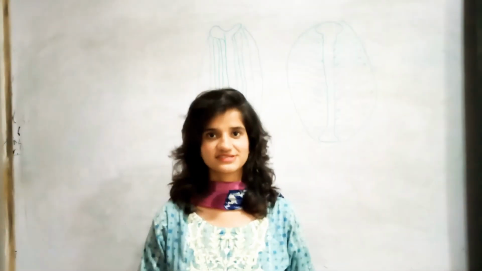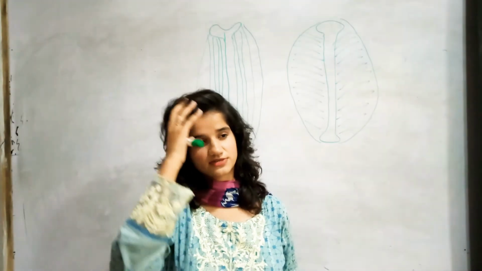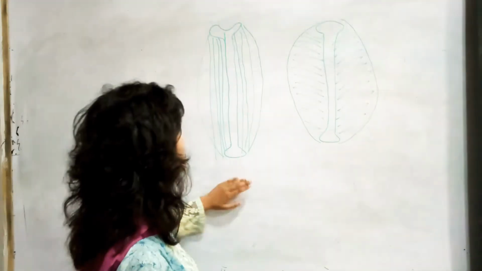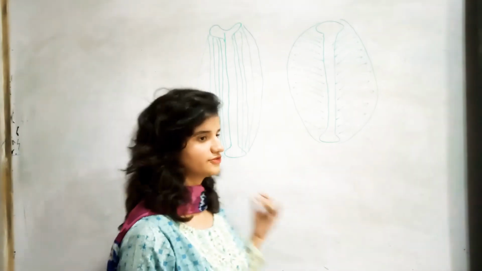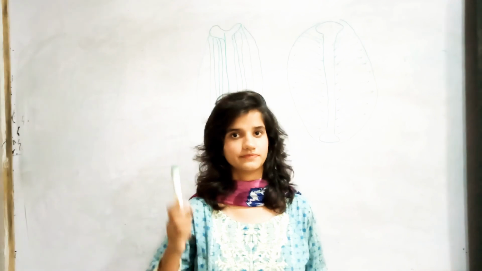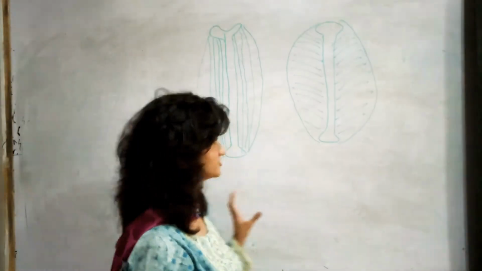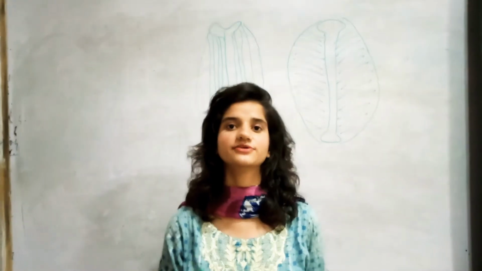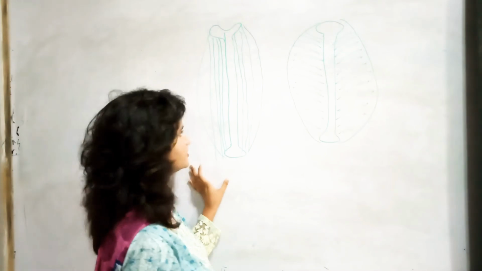Now moving towards the subtypes: what are the basic muscles lying under this region? In parallel muscle fibers, the biceps brachii is the basic muscle having parallel muscle fibers. Then rectus abdominis, the muscle which is present on the belly, and sartorius, which is present on our leg, are muscles involved in this category.